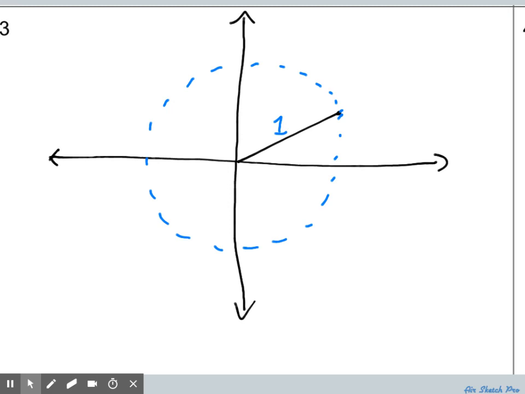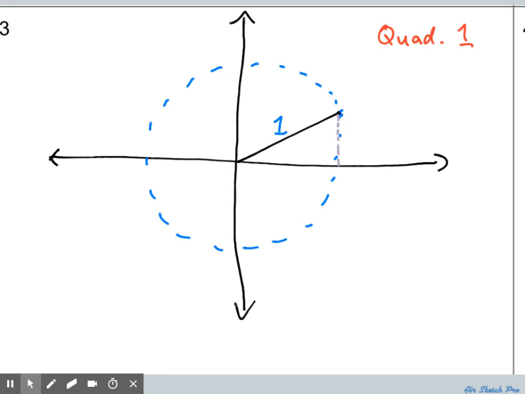This is just reminder work, so hopefully you'll be okay. Then we said for an acute angle, it would be in this area of the Cartesian plane. And we're going to call that quadrant 1. Okay, and if we draw a triangle in quadrant 1, it should be inside that circle, sorry.